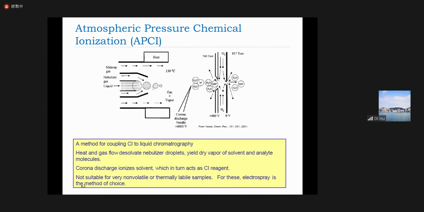Why is that? Because they need to evaporate. Neutral compounds and ionized compounds, which one is more easily evaporated? Of course, the neutral compound, right? So you want to keep those buffers, ionic species, acid or base, as low as possible, because you want the analyte to be in a neutral state.